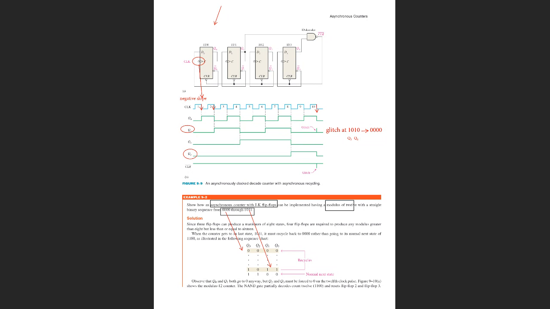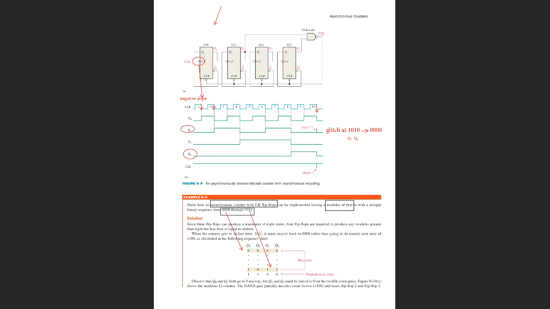The value wanted to become 1010, but before it comes to reality, because Q1 and Q3 are trying to be 1, at this moment the clear signal is being created and clears the whole counter to all zeros.